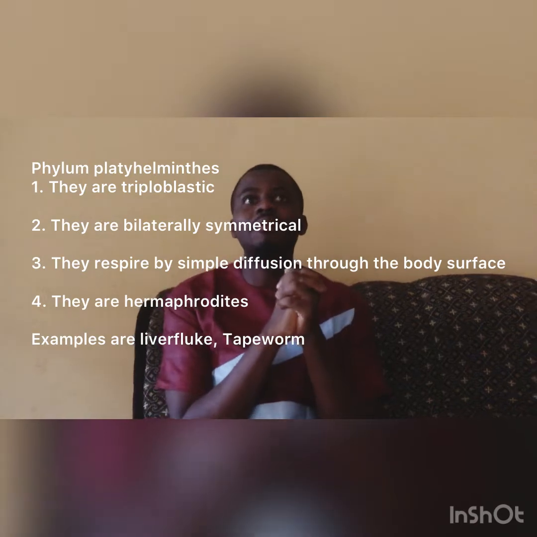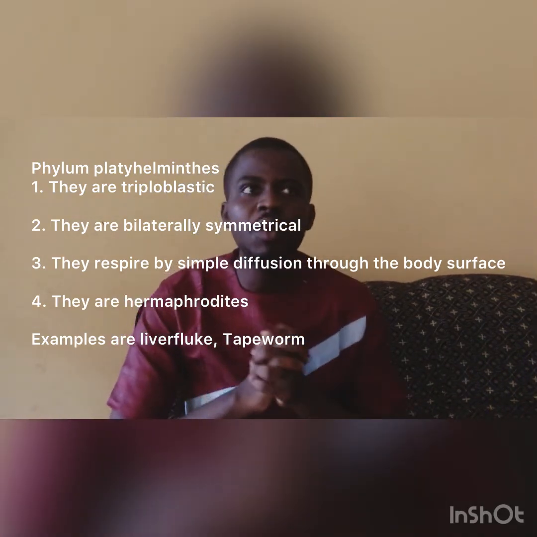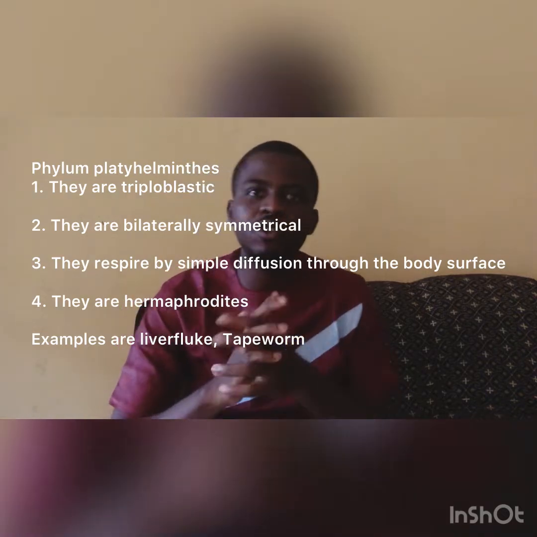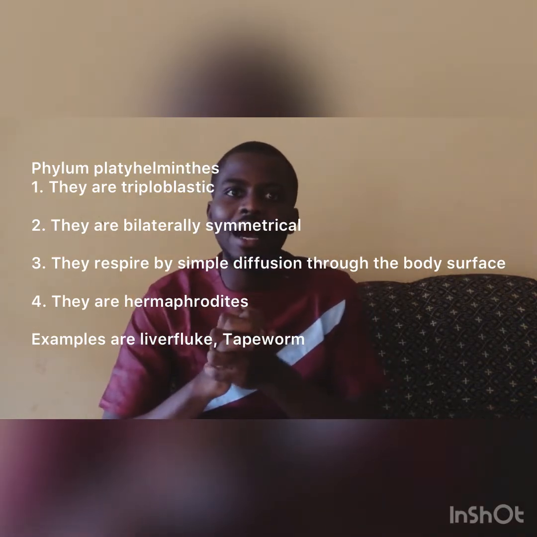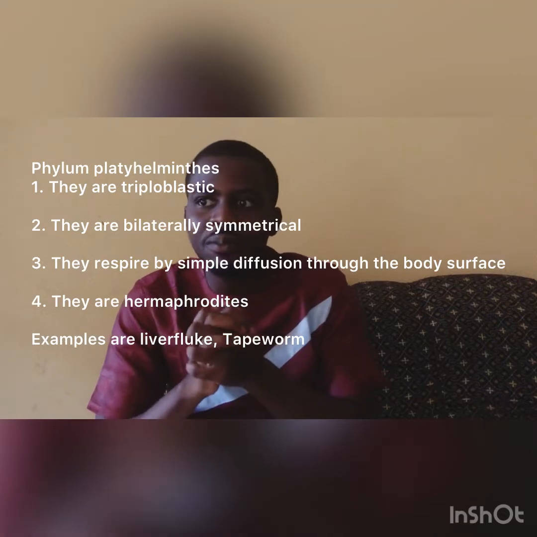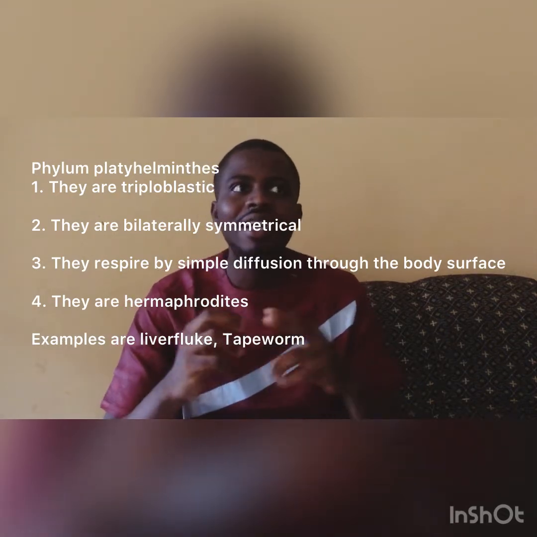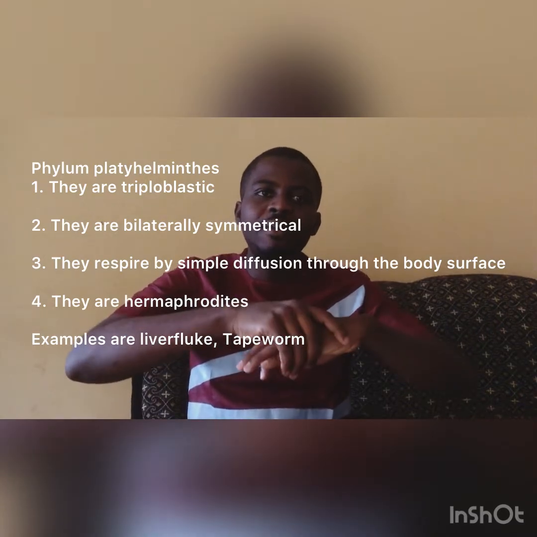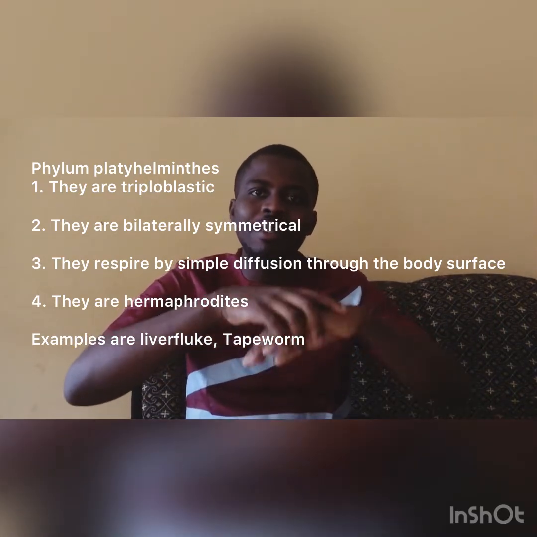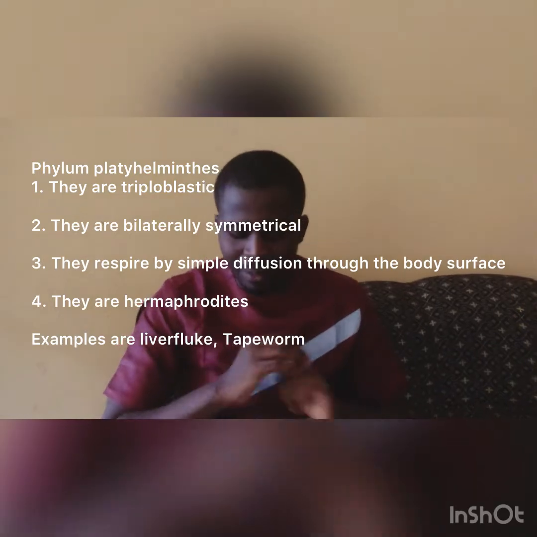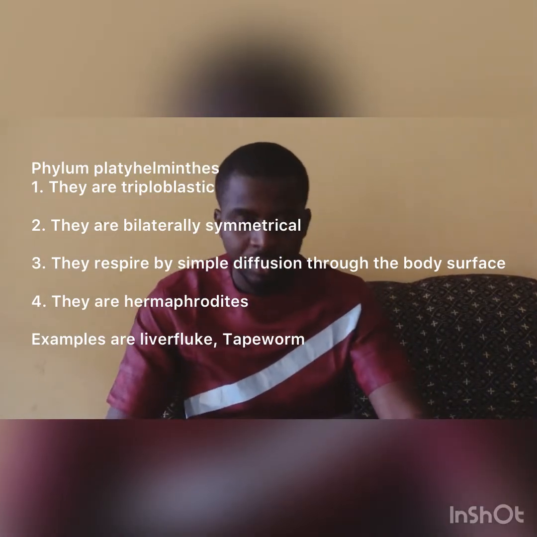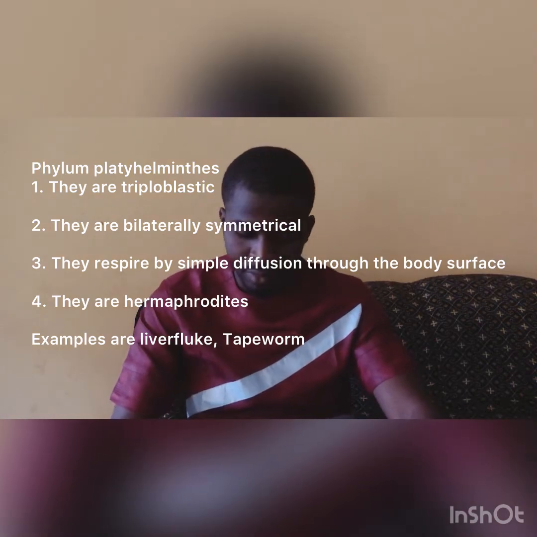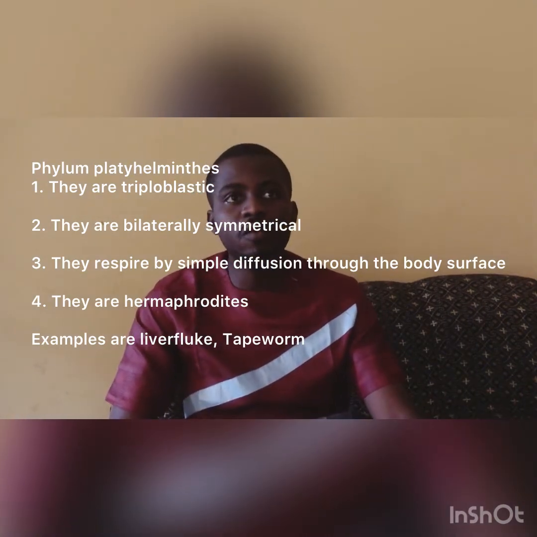And they are hermaphrodite. When we are talking about hermaphrodite, it means that they have both male and female reproductive organs in one single organism. That is the meaning of hermaphrodite. Examples of the platyhelminths are the liver fluke and the tapeworm. So don't forget about it.